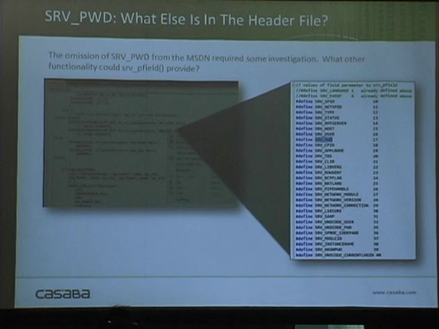Suddenly we're presented with all these other values that this function supports, all these other flags that we can request different types of data out of SQL. And the most interesting being SRV underscore hash PWD. You look at it and it's like, that's kind of rad. I want to know what that's about. Show me more.